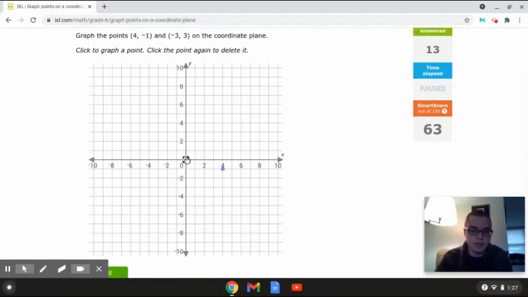We're going to go -3 on the x-axis, that is here, and then since +3 is a positive number, we're going to be going up 3 on the y-axis. And that's here. So these are the graphed points for 4, -1, and -3, 3 on the coordinate plane, and that is how to solve this problem.